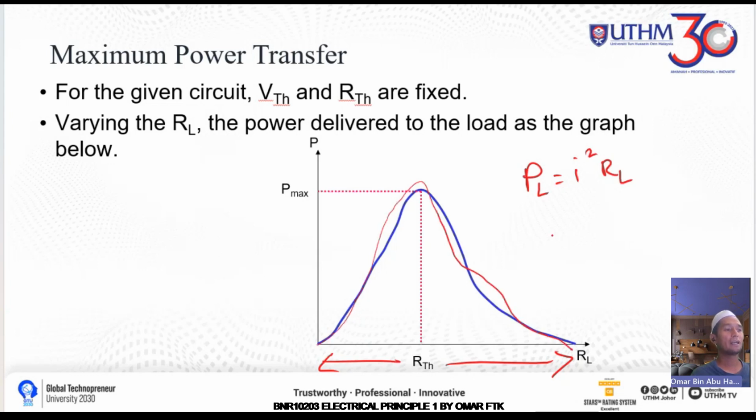At the middle, when RL equals RTH, the Thevenin resistor, the value of PL will be maximum, at the top of this graph. This is the kind of graph that you will get when you plot PL against RL. So that's it for this chapter 4.